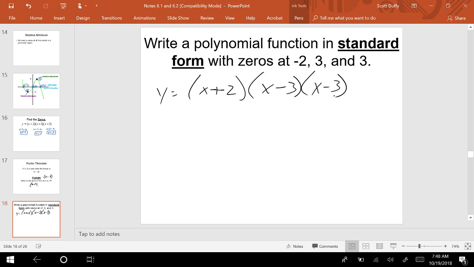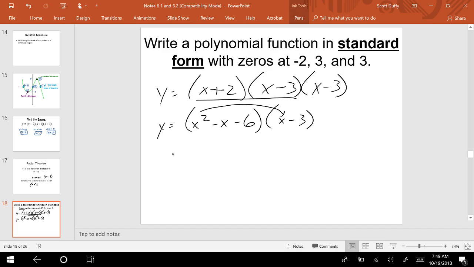Okay, so in standard form, we don't want it in this form. We want the foiled out version. So I'm going to FOIL this out. When I do, I get x squared minus x minus 6. Then I multiply it by that last factor. I do x squared times x, which is x cubed.